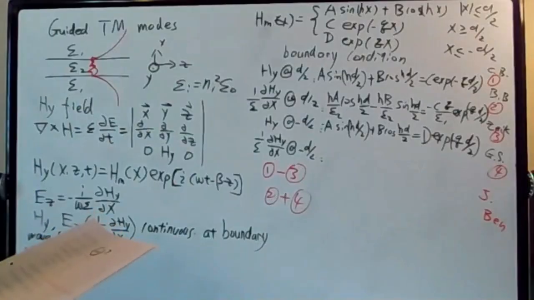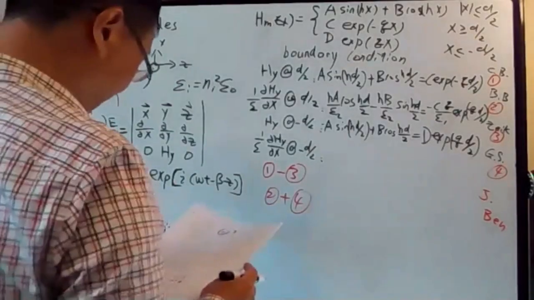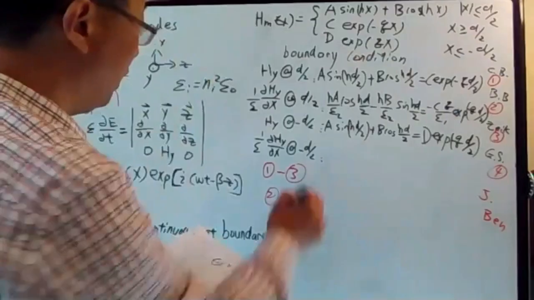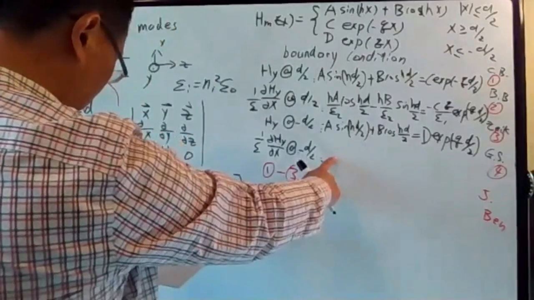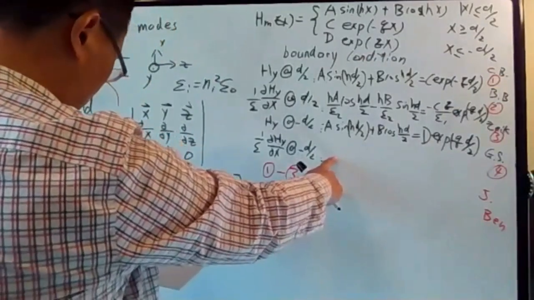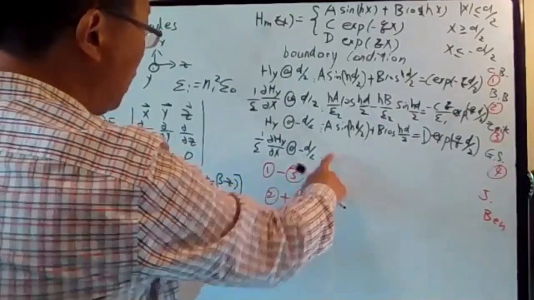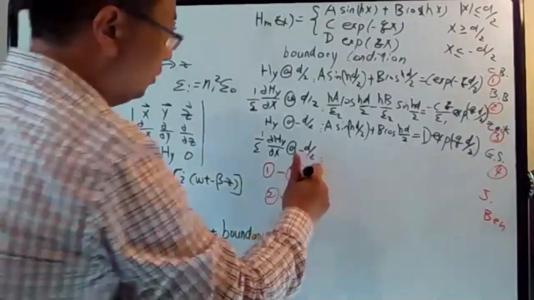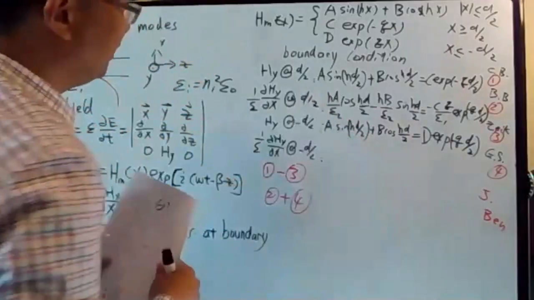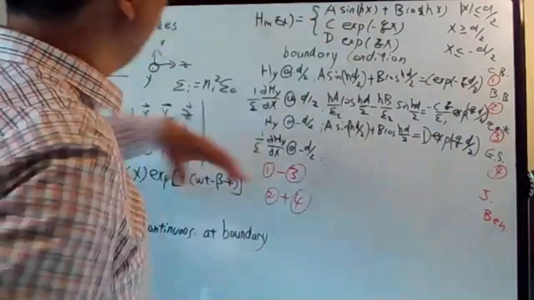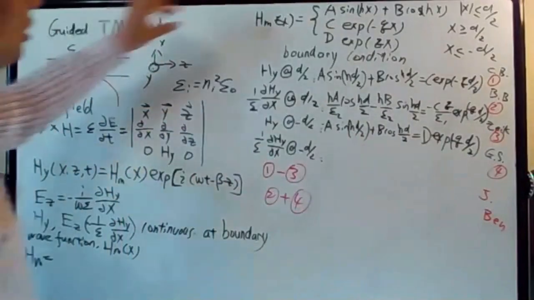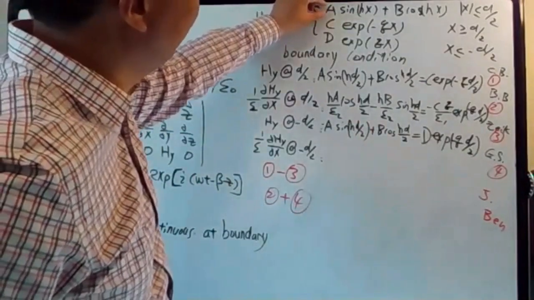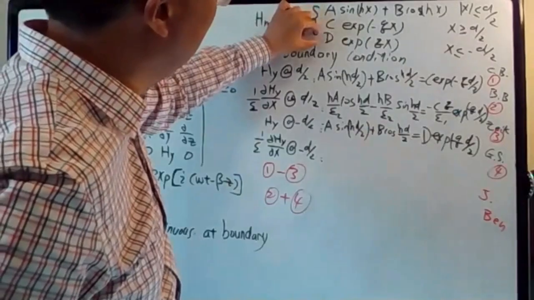All right, so is it 1 over epsilon 1? Yes. Go ahead, 1 over epsilon 1. So we're looking first at this side, the center side. Are you using the equation for the first piece, second piece, or third piece?